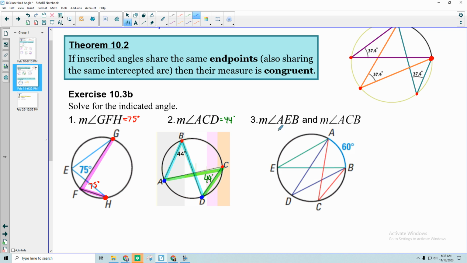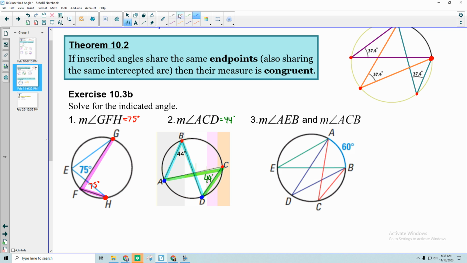All right, and then the last one for this is the measure of angle AEB and ACB. So let's focus on AEB first. So AEB is the green angle here. Notice that all of these are inscribed, so I know that all of these should be the same thing. The green, purple, and red ones, all the same measure. I just don't know what that is yet.